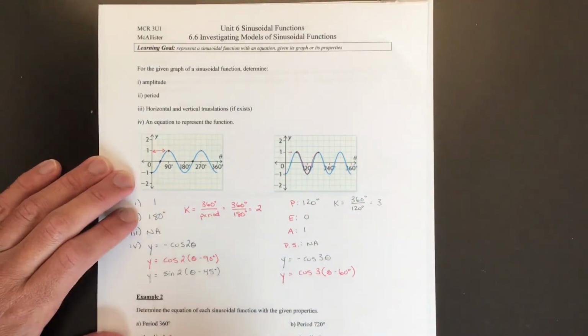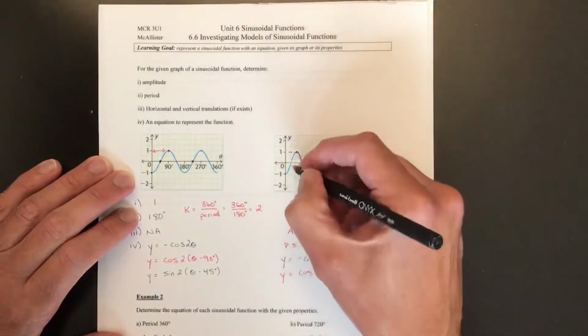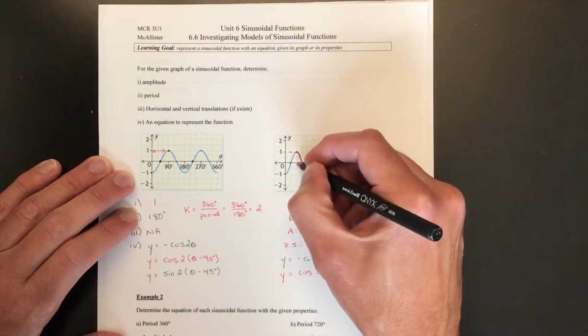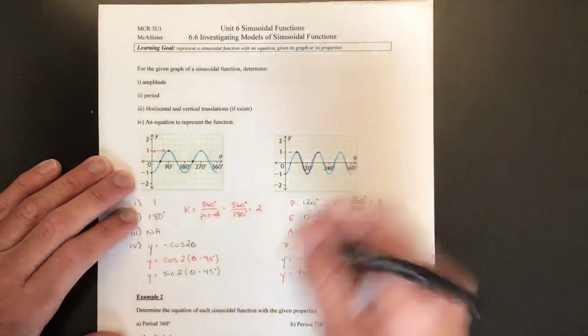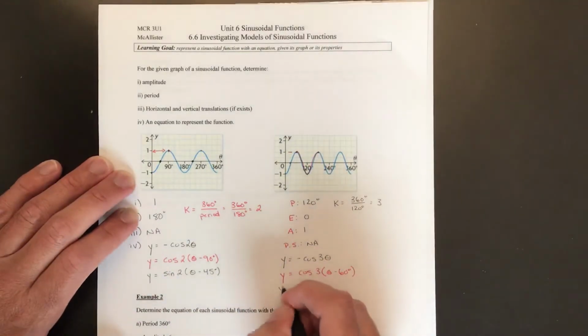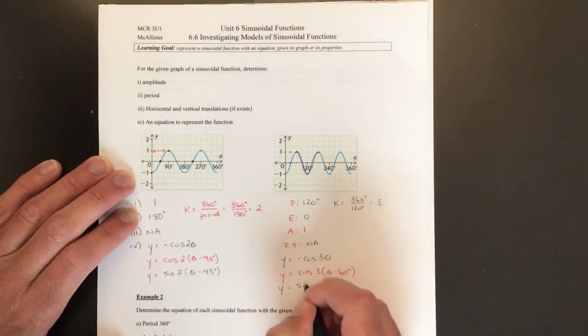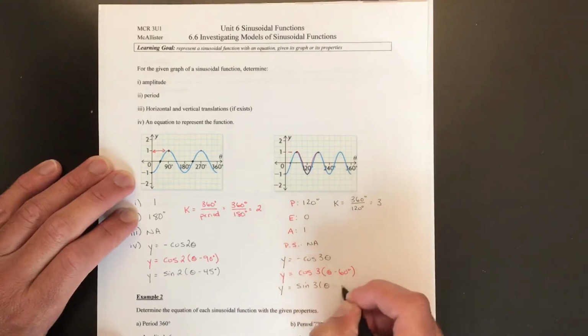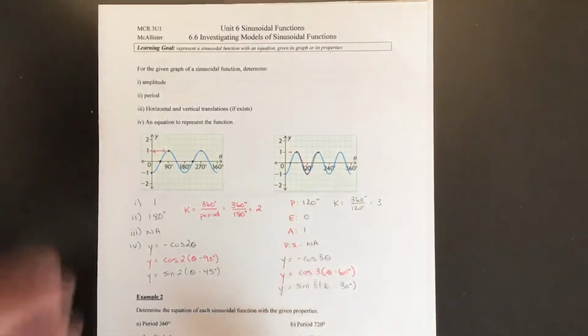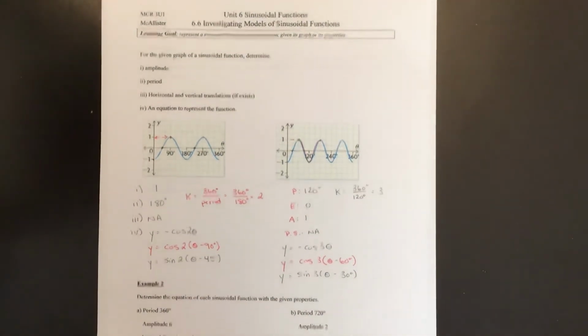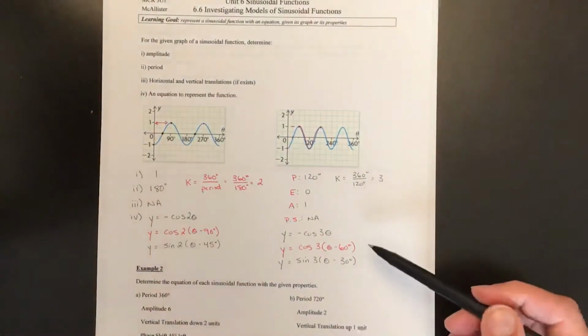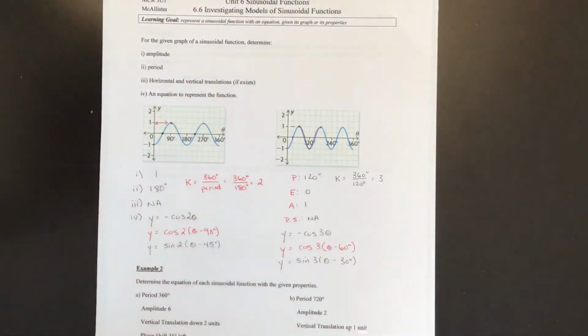Okay, and then of course you could do a sine curve as well if we want, where we're here. If this is 60, that would be 30. So we could do y equals sine 3 theta minus 30 degrees. Okay, all of those are correct as long as you include a proper phase shift.